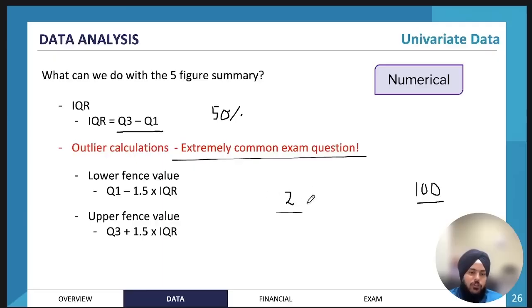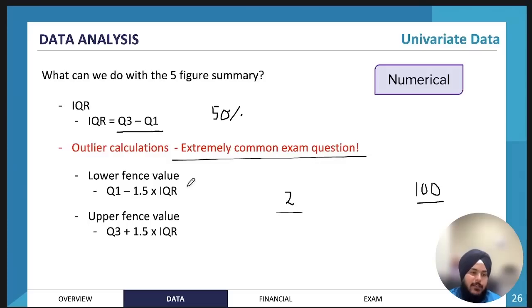So we can use something called a lower fence and an upper fence. All these formulas are given in your formula sheet. When you use these formulas, Q1 minus 1.5 times IQR and Q3 plus 1.5 times IQR, you can easily determine the outliers because it will give you a value.